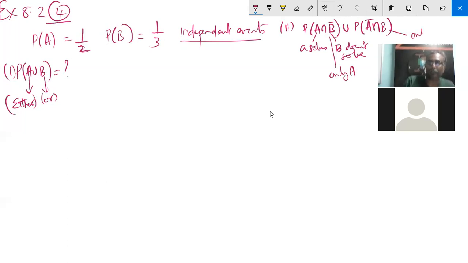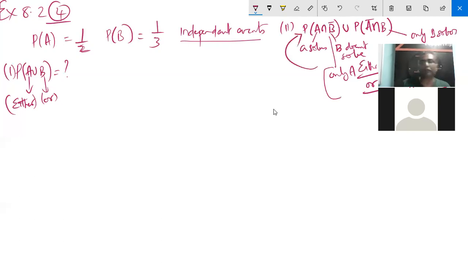This means only B solves. You understand? But what is he asking? Exactly one of them solves. So that means either A only solves, or B only solves. This is the interpretation from the real world of English into the probability world of set theory. You understand? Yeah.